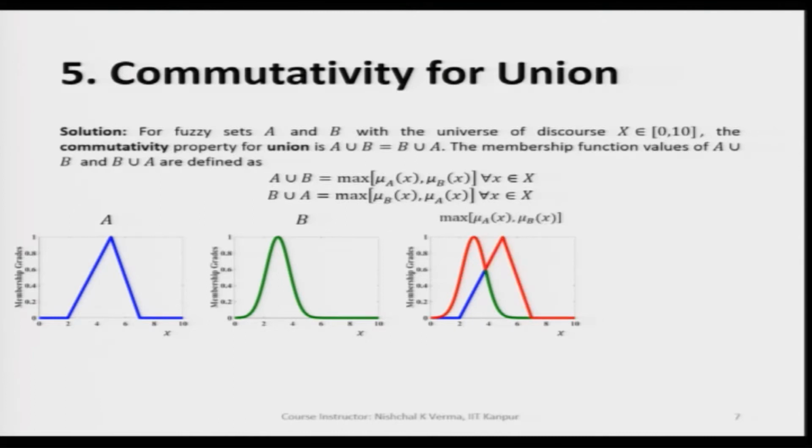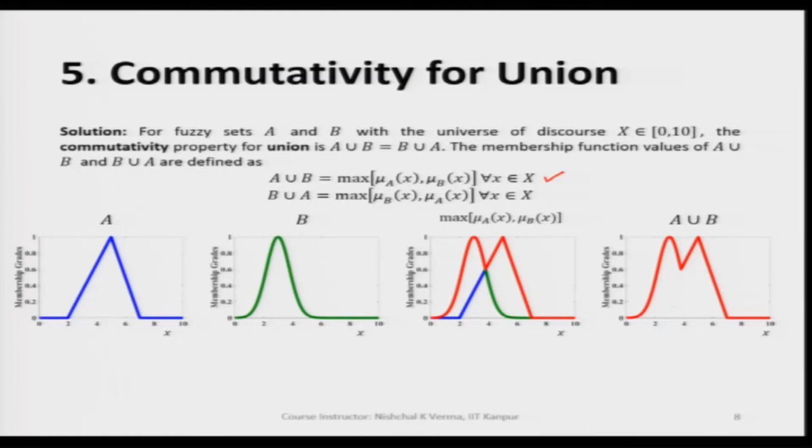So, this is nothing but A union B. We have already discussed enough as to how we get the union of 2 fuzzy sets. So, this way, after applying this condition, we get A union B as mentioned over here.